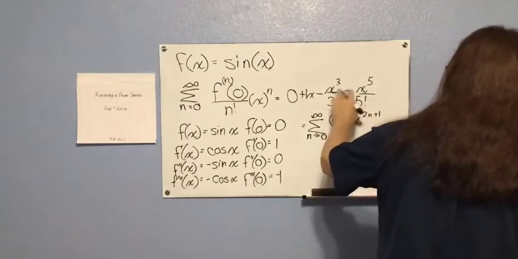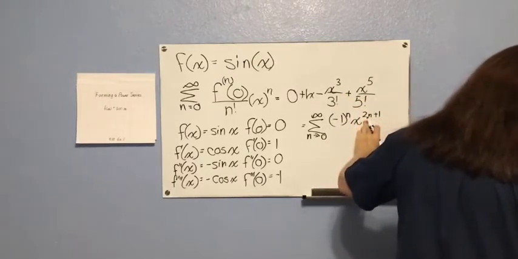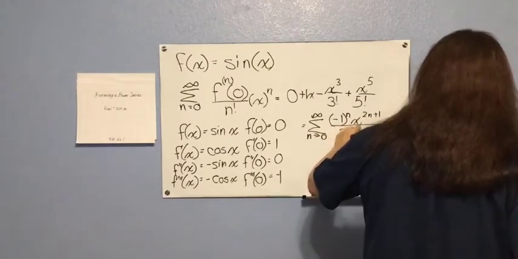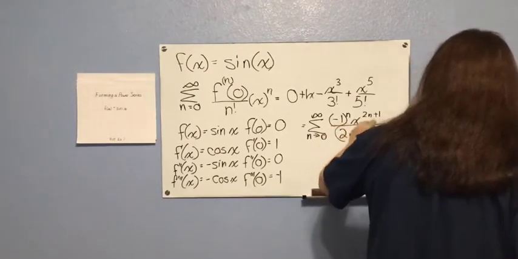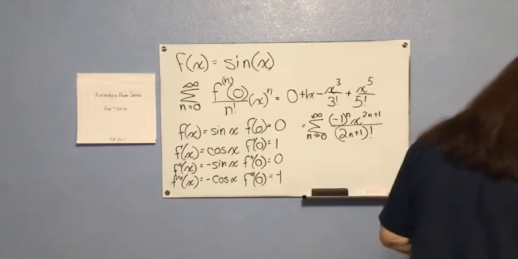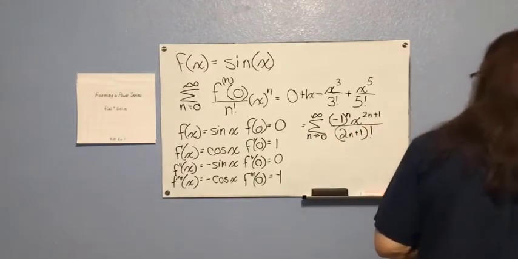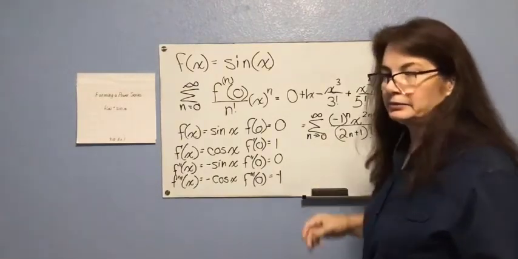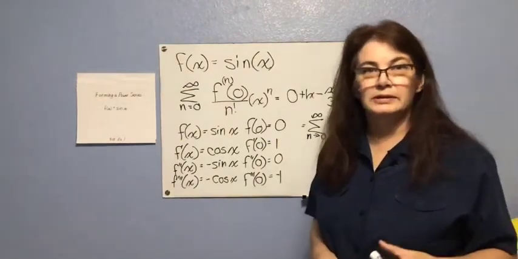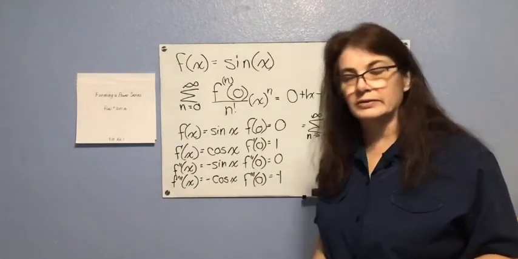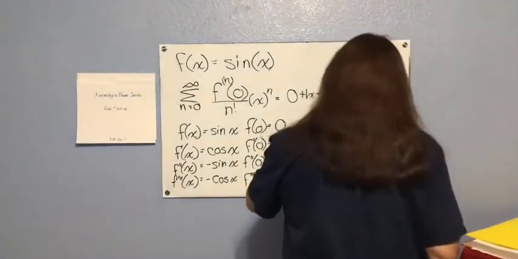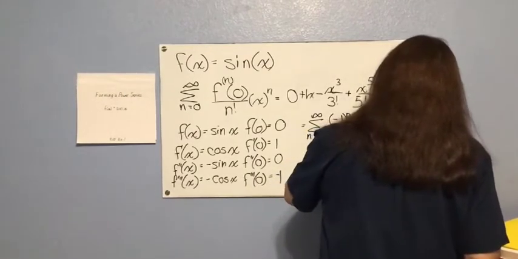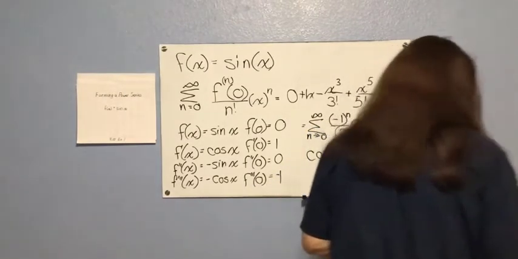That's how we get every other power, by using 2n plus 1, divided by 2n plus 1 factorial. Okay, we can use the ratio test on this, and the ratio test will show us that this series converges for all values of x. So we're just going to say it converges, and that's all we need to do for that one.